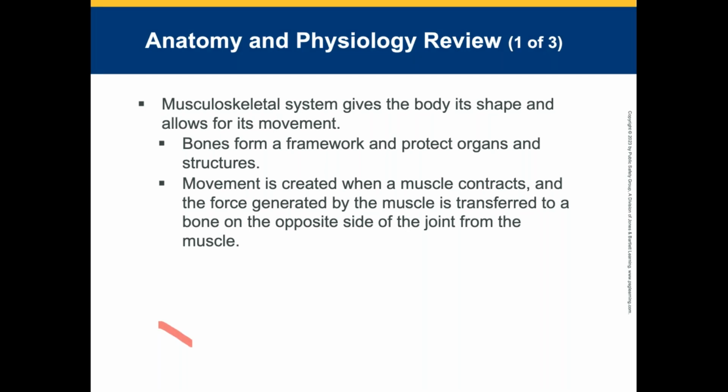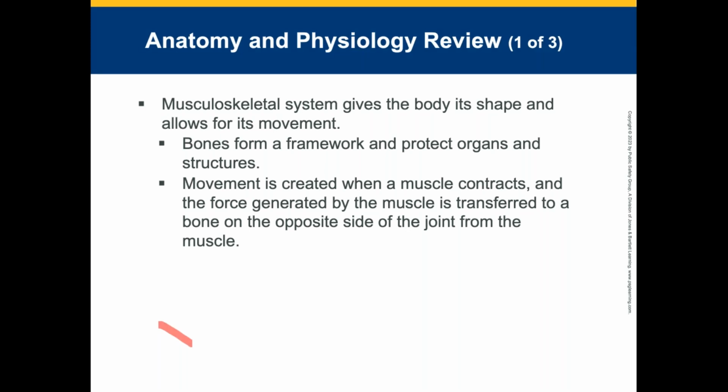Bones form a framework that gives the human body its shape and allows it to maintain an erect posture. It also protects the more fragile organs and structures beneath them, right? So it protects the abdominal cavity, thoracic cavity, cranium, as we go through.